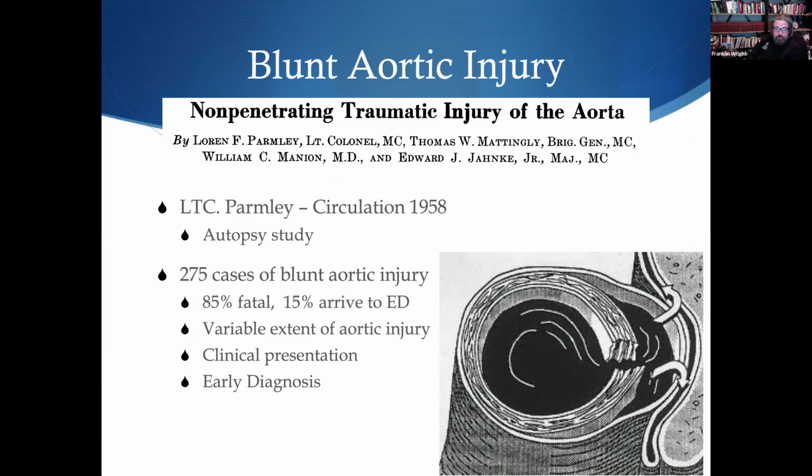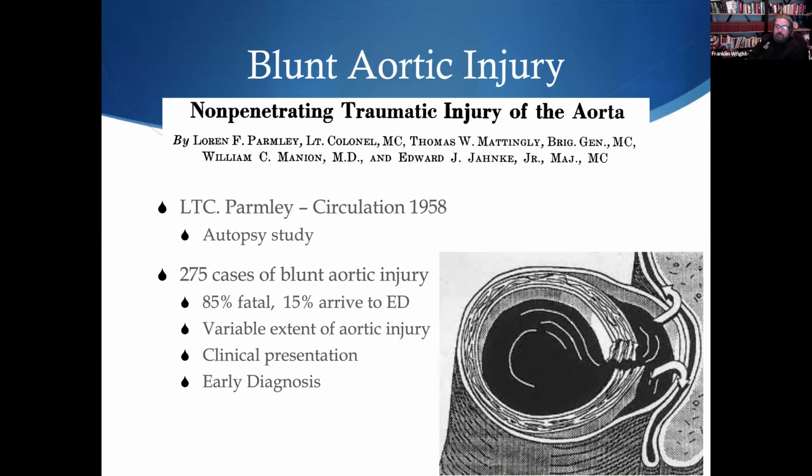Blunt aortic injury is a major cause of mortality. So if we want to think about traumatic arrests, blunt aortic injury is way up there on the list. The seminal paper on this was Lieutenant Colonel Parmley back in the 50s that looked at an autopsy study of blunt aortic injury.